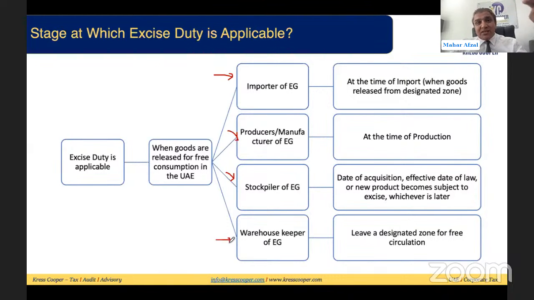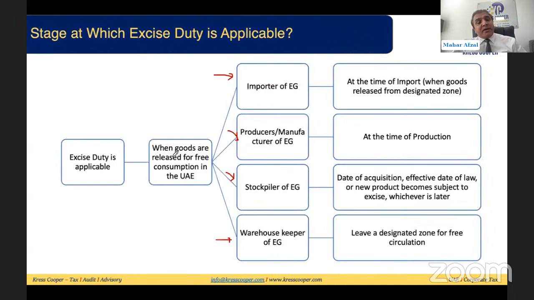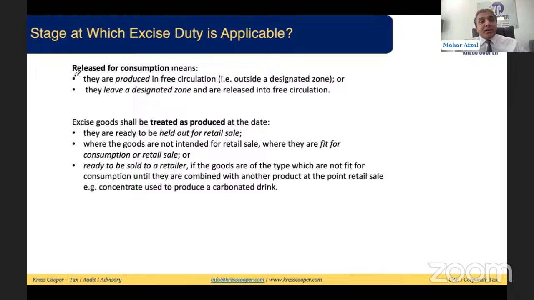We know at what stage they will be liable to pay excise duty. Now, what is release for consumption? According to the wording of the law, excise duty is applicable when goods are released for free consumption in the UAE. What is release for free consumption? It has been given in the guide.